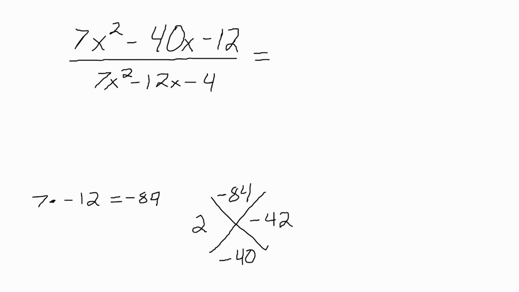And then you rewrite the first equation to 7x squared plus 2x minus 42x minus 12.